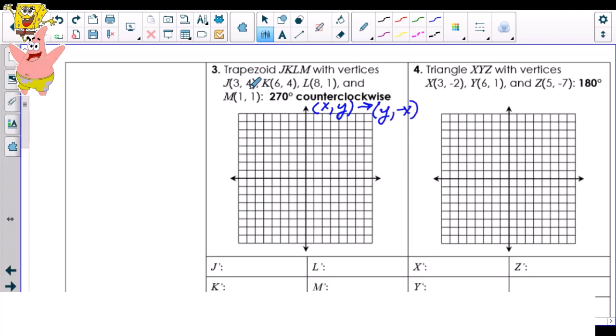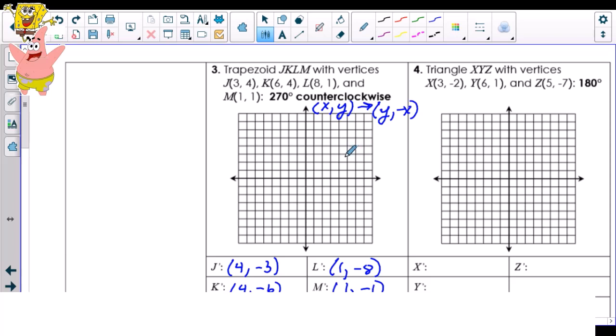So J is 3, 4, so applying the rule, J prime becomes 4, negative 3, right? Because you switch those and change the sign of the x. So K becomes 4, negative 6, like that. And then L prime is 1, negative 8. And then M prime is 1, negative 1, like that.